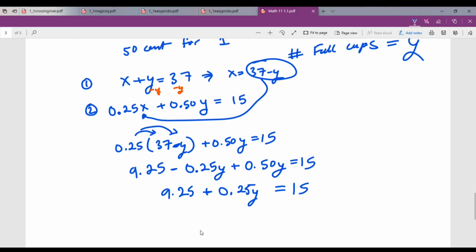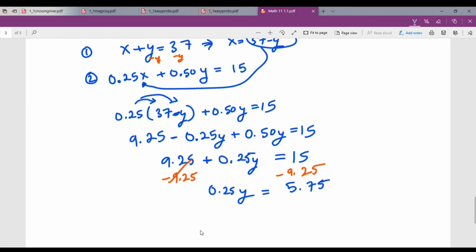We'll subtract 9.25 from both sides, and this gives us 0.25y is equal to 5.75, and finally we can divide both sides by 0.25. Y is equal to 23. So we need 23 full cups.